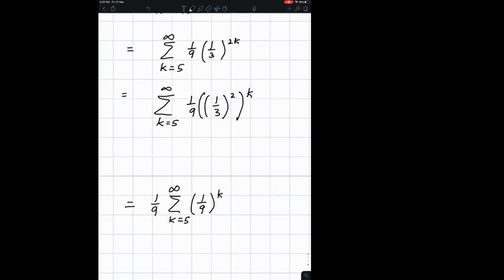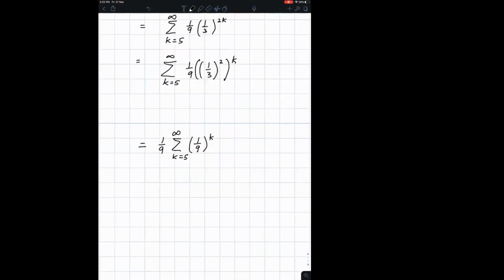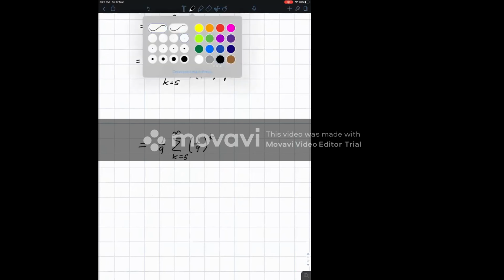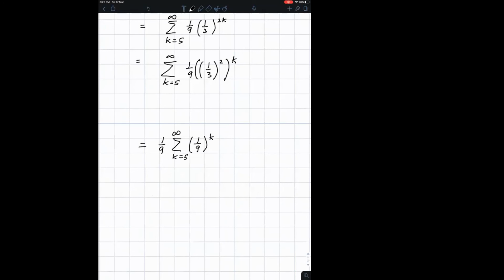So then how are you going to evaluate this? This is going to be, as k varies from k equals 5 until infinity, you're going to get a series of numbers. How are you going to solve this problem? Let's see, 1 over 9. So when k is equal to 5, what happens? 1 over 9 to the power of 5.